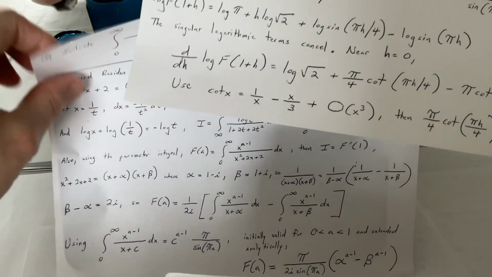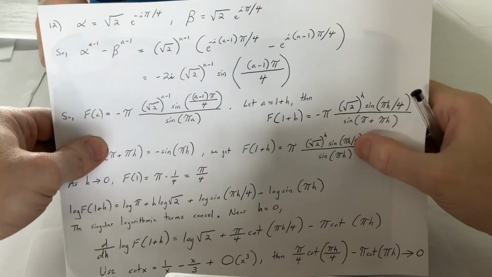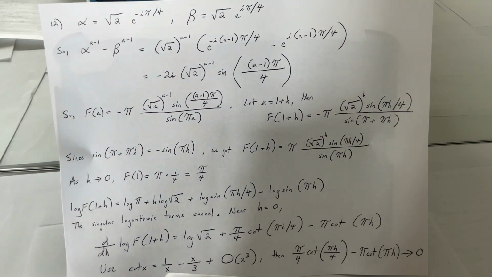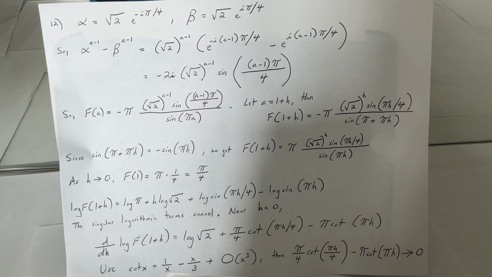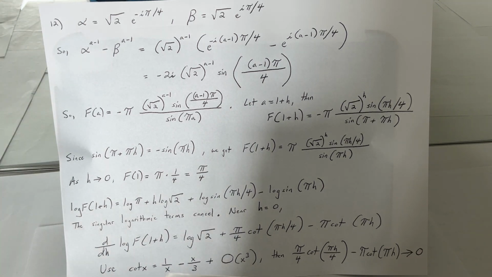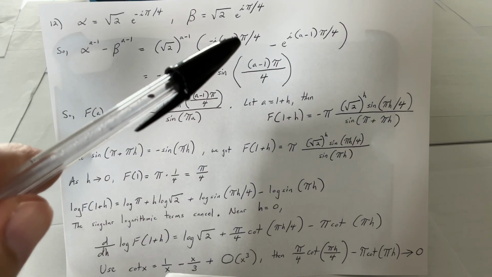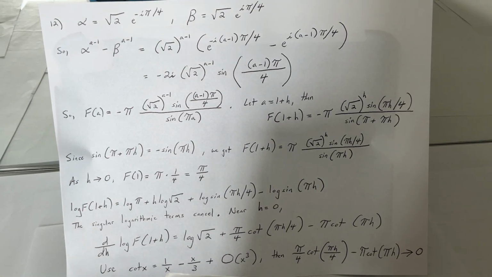And building on that, alpha equals square root of 2 e to the negative i pi over 4. And beta equals square root of 2 e to the i pi over 4. So alpha to the a minus 1 minus beta to the a minus 1 is going to be equal to square root of 2 to the a minus 1 times the quantity e to the negative i times a minus 1 times pi over 4 minus e to the i times a minus 1 times pi over 4, in that exponent, close parentheses.